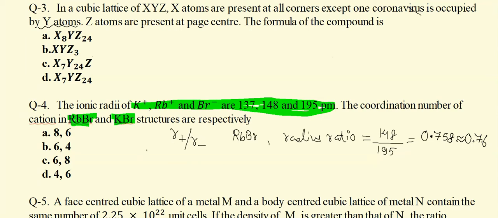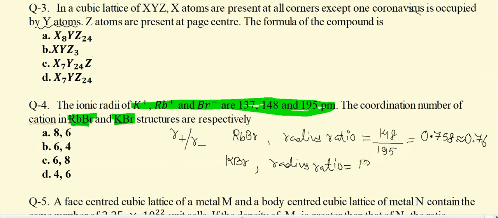Next, the radius ratio for KBr will be 137 divided by 195. So here the answer becomes 0.702.